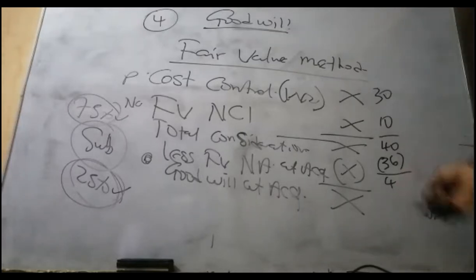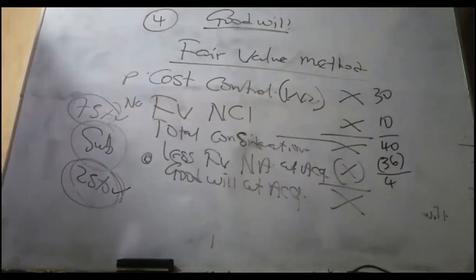Good. Now, goodwill is an intangible asset and must be accounted for in accordance with IAS 38. Now, IAS 38 says that any intangible asset that does not have a definite life must not be amortized, but must be tested for impairment each and every year.